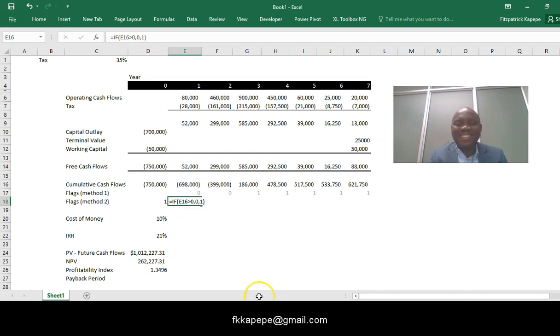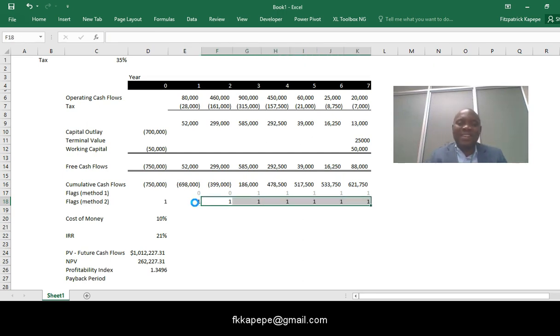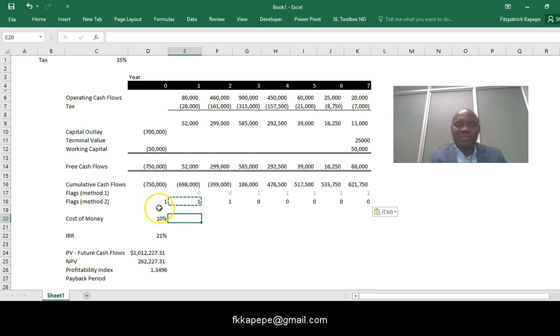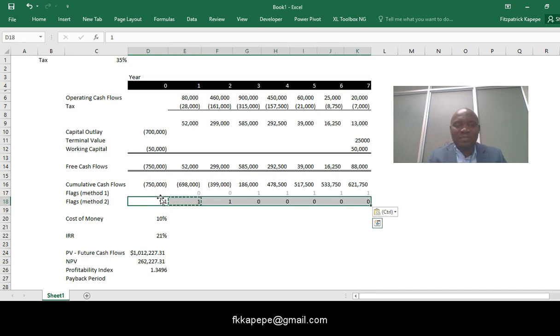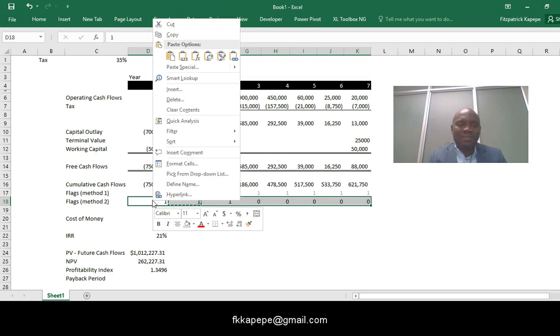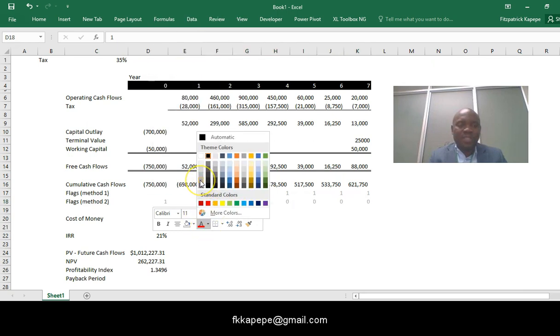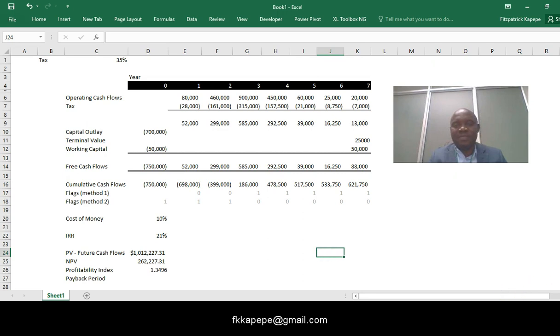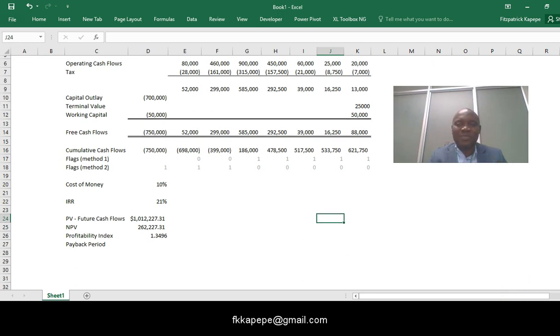Slightly different. So these are flags, so I don't want to emphasize them more.